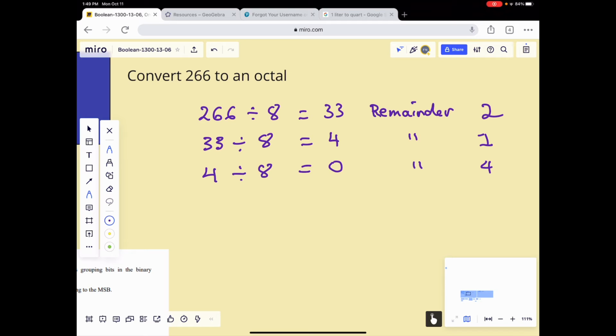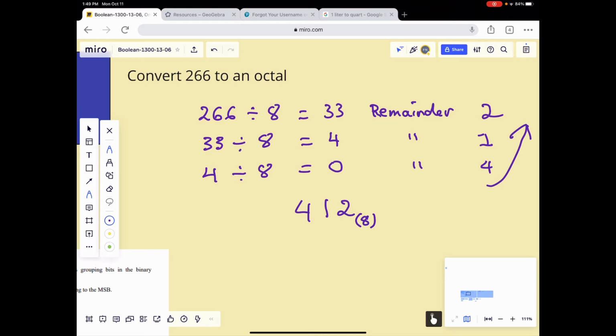You write down the answer by starting from the bottom up. So you write out 4, 1, and 2, and that is your octal number from 266 decimal number.